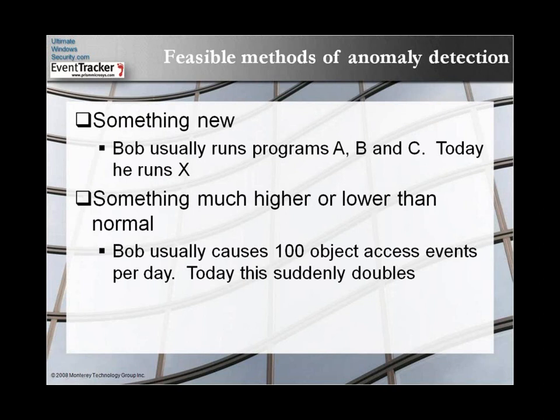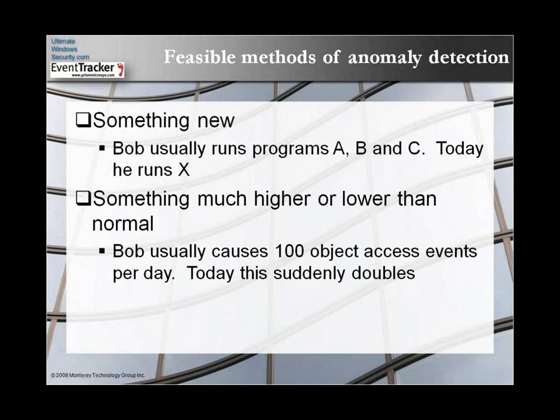All right, so basically we're talking about seeing something new in the log, or seeing something either much higher or much lower than normal in terms of quantity. For instance, with something new, what if Bob normally runs programs A, B, and C, but today he runs program X for the first time? That's what we mean by something new.